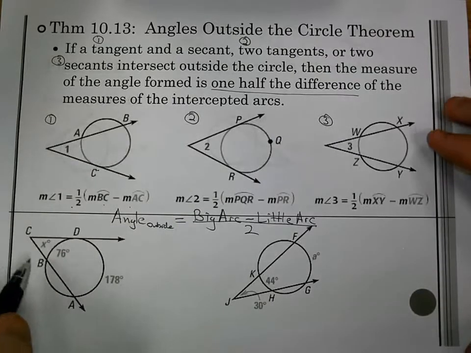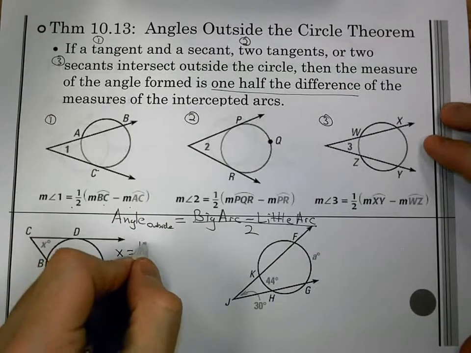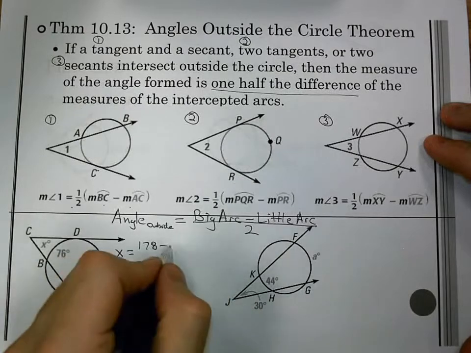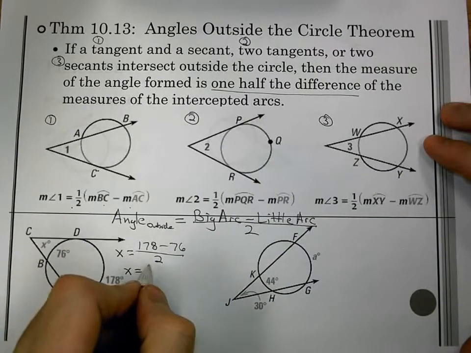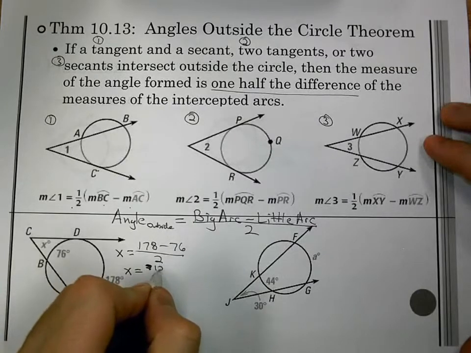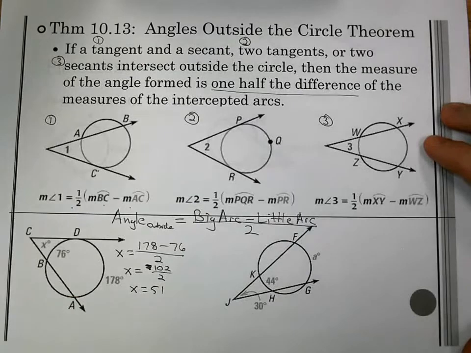So let's try that. In our first one, I have x is my angle, big arc is 178 minus 76, little arc, divided by 2 gives me the 102 divided by 2, or 51 degrees. Next one.